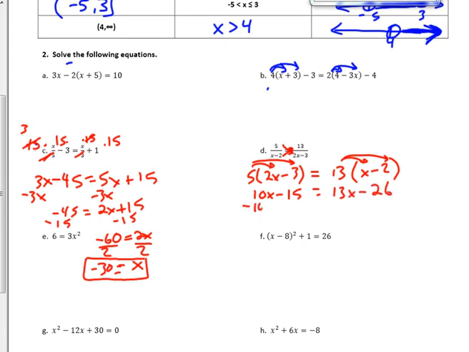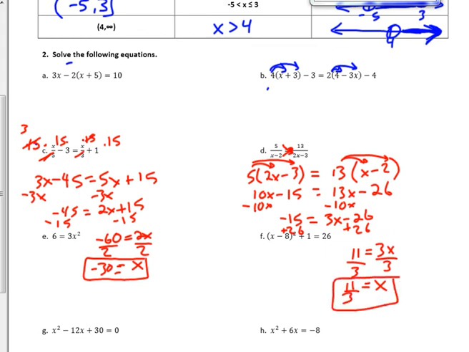Got x's on both sides, so let's get them on one side. A nice friendly equation, add 26 to both sides. 26 plus negative 15, or negative 15 plus 26 gives me 11. Divide by 3. And I get x is equal to 11/3.